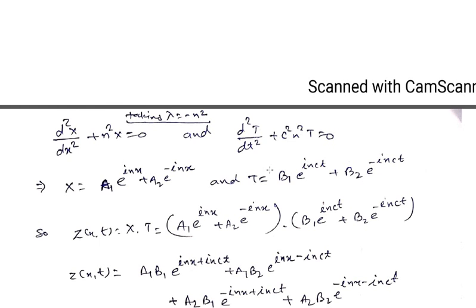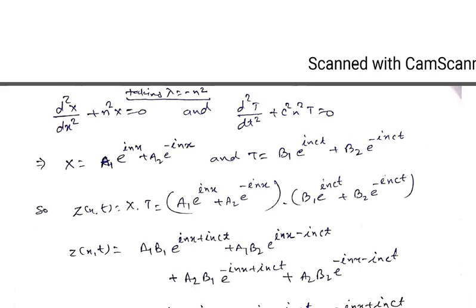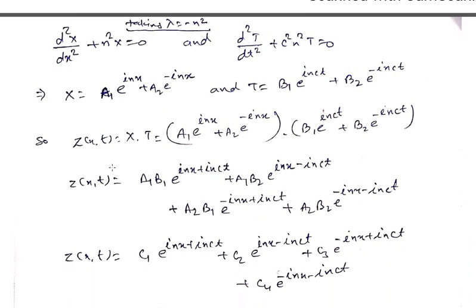Now we will put these two solutions in the above assumed solution, which is z is equal to X into T. When we put it here, we get z is equal to (a1 exponential iota nx plus a2 exponential minus iota nx) into (b1 exponential iota nct plus b2 exponential minus iota nct). Now when we solve it, here we get four distinct terms. First, a1 b1 exponential (iota nx plus iota nct).